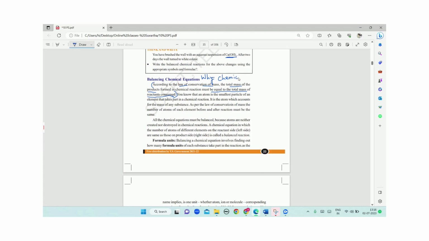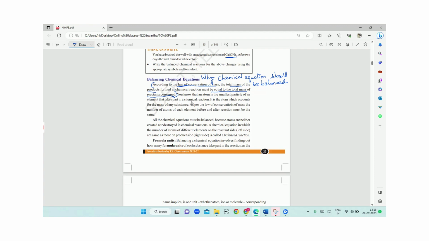Why should a chemical equation be balanced? So when the question is this, where from will we mark the answer? According to the law of conservation of mass, the total mass of the products formed in a chemical reaction must be equal to the total mass of the reactants consumed.